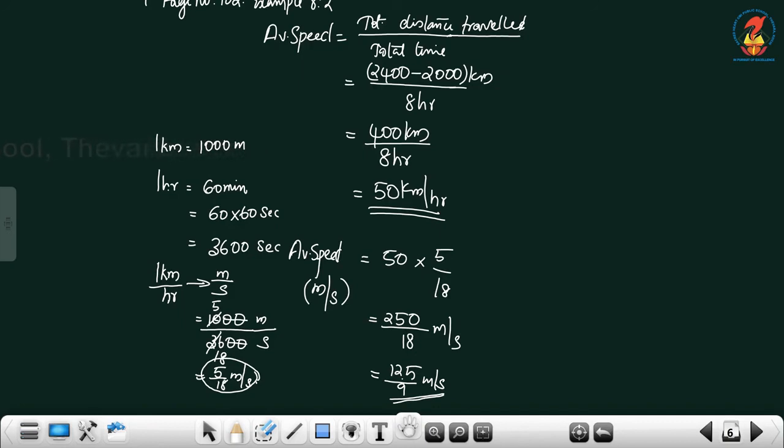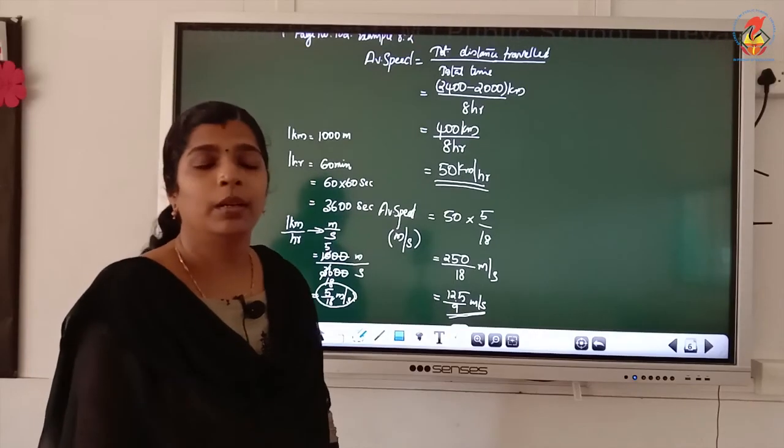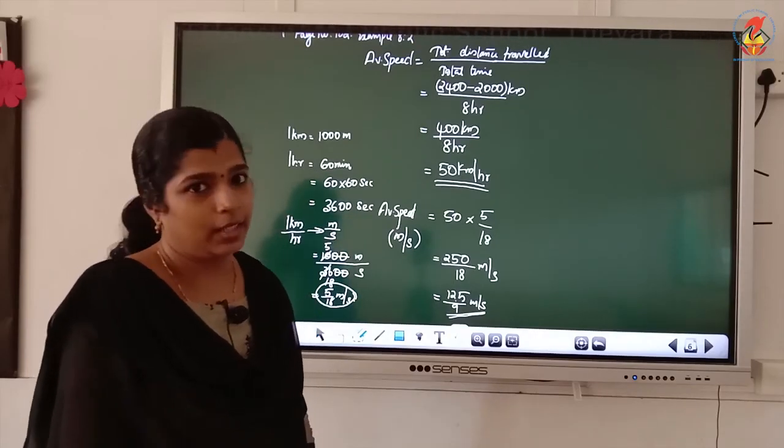If you want the answer in meter per second, how will you do it? Just multiply with 5 by 18. If kilometer per hour is given, we want to convert it into meter per second, just multiply with 5 by 18. So you will get the answer as 125 by 9 meter per second.